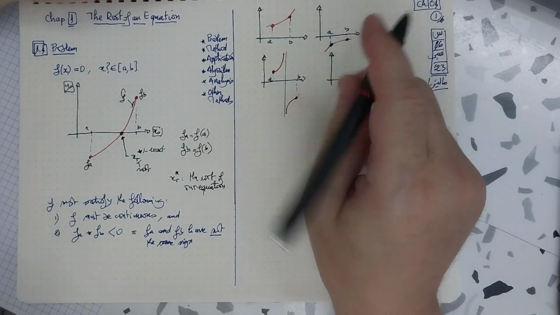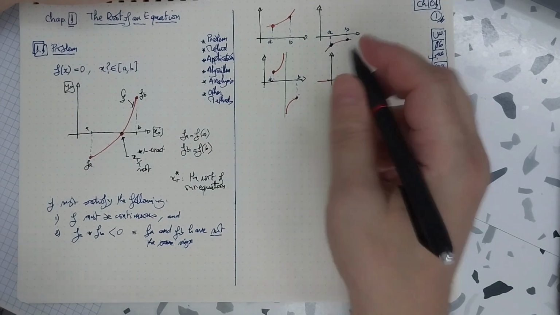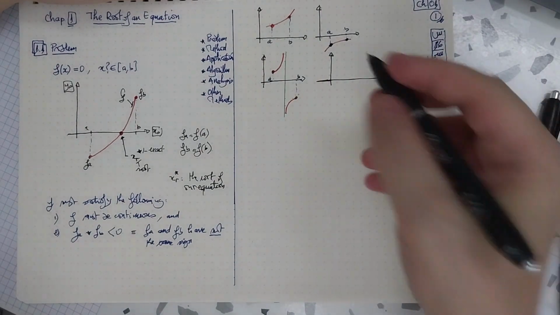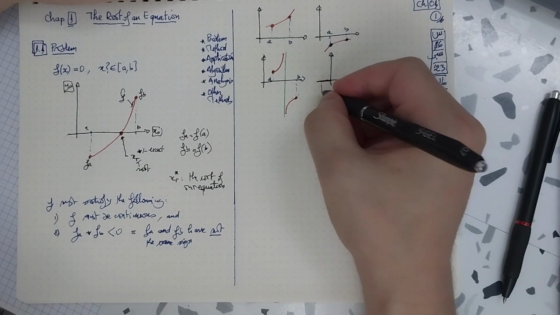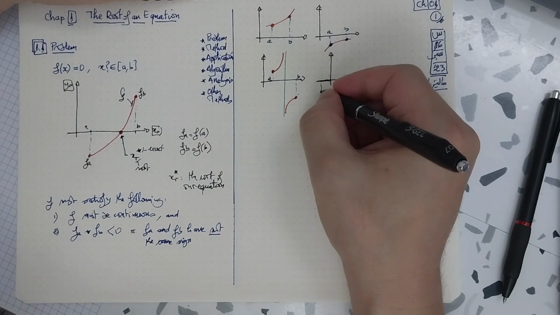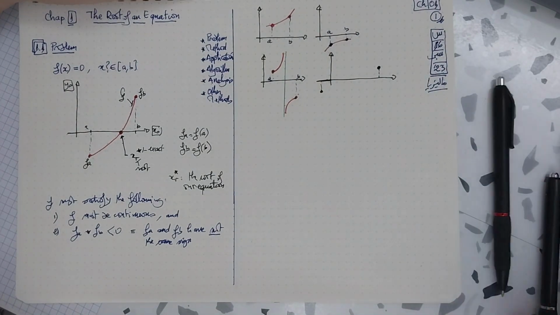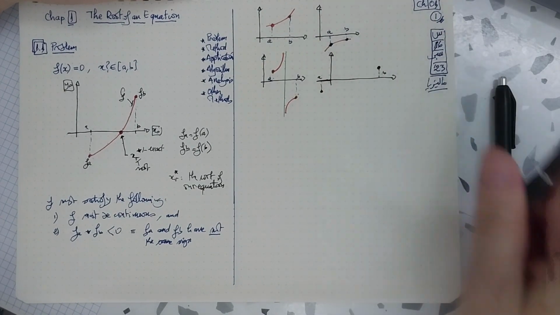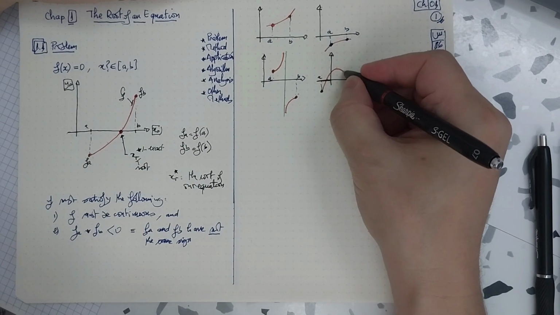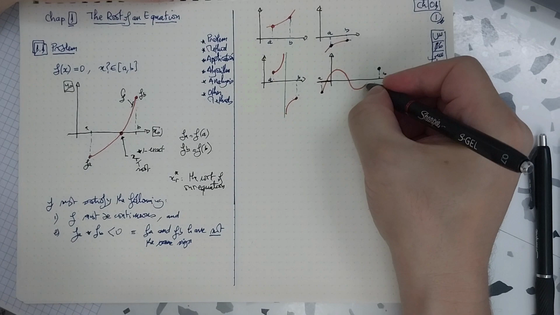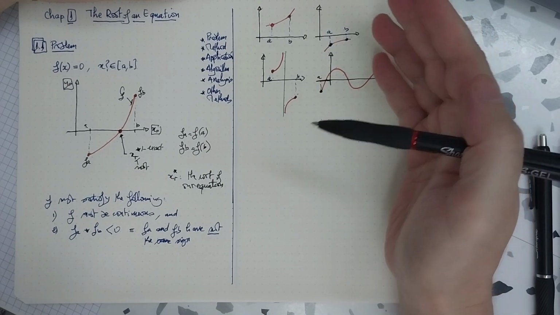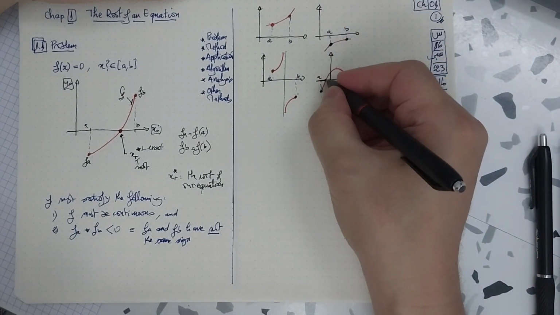A third example where the two conditions are fulfilled, are satisfied, but the curve... So there are A and B. The curve cuts the x-axis in several points, actually an odd number of points, meaning 3, 5, etc. Here, three times.